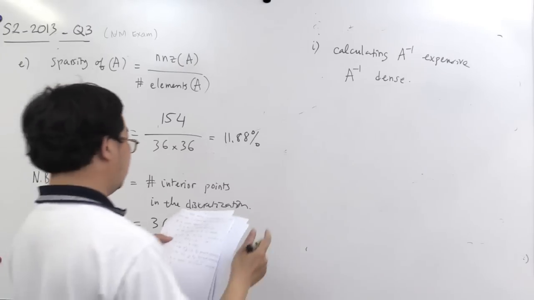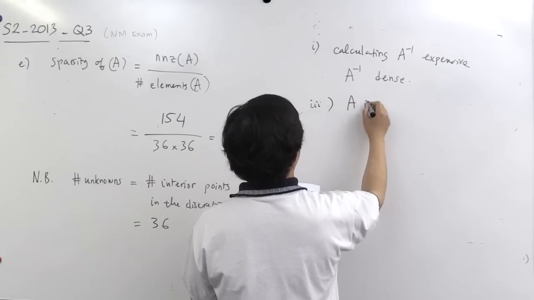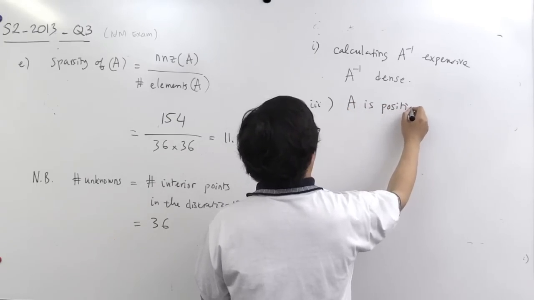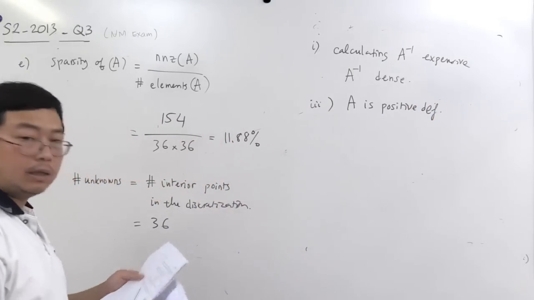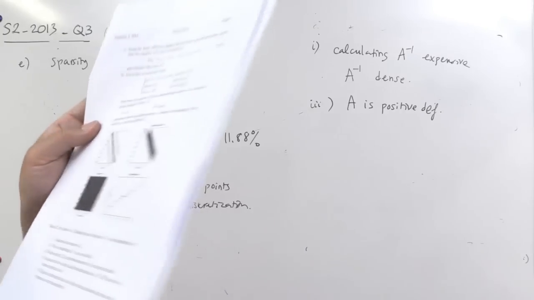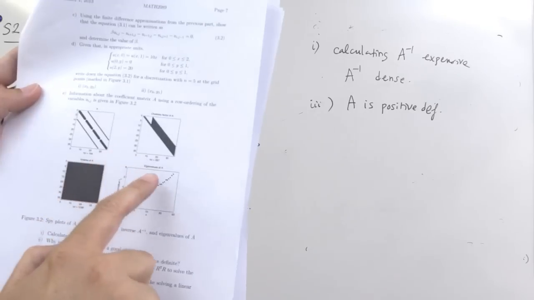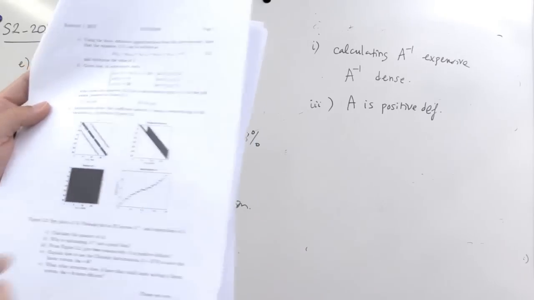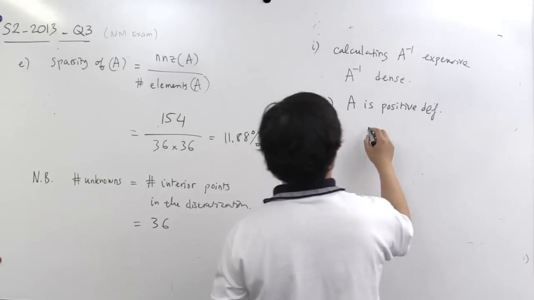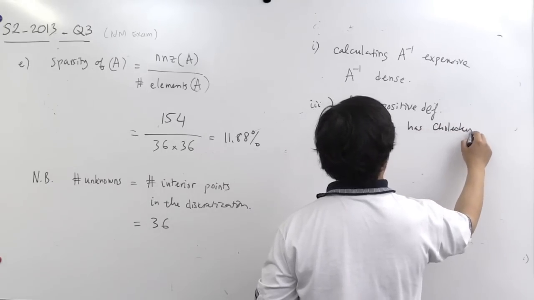And now from the pictures, why can we say that A is positive definite? You can see from the pictures given in the question that A has a Cholesky factorization and all the eigenvalues of A are positive.